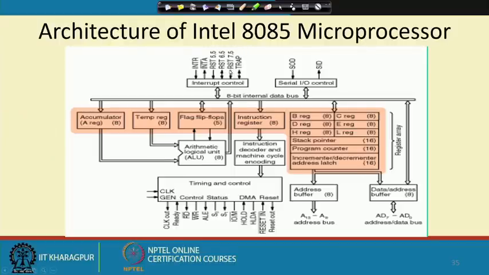Then, as we will see later, whatever the processor was doing gets suspended for the time being, and it goes into execution of the corresponding interrupt service routine for servicing that extraordinary situation.